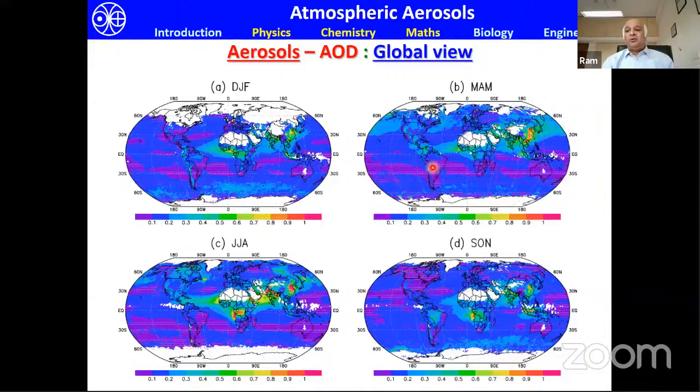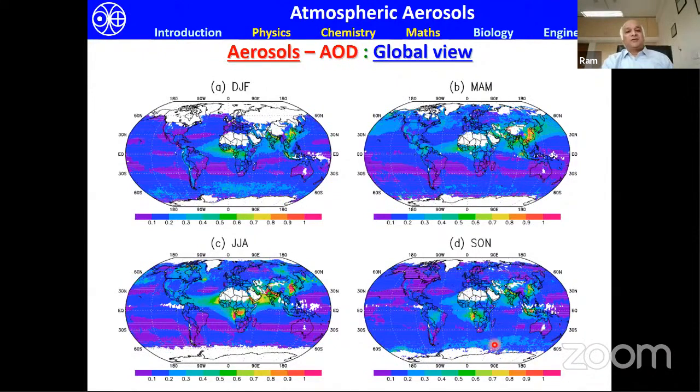On a global view of the aerosol optical depth, you can see that it is not uniform across the globe, and it also exhibits seasonal and spatial variations. You also see the effects of transport during the monsoon months when compared to winter or pre-monsoon, and over the African region because of biomass burning, which we saw in the previous slide.